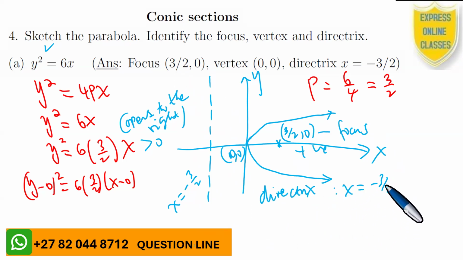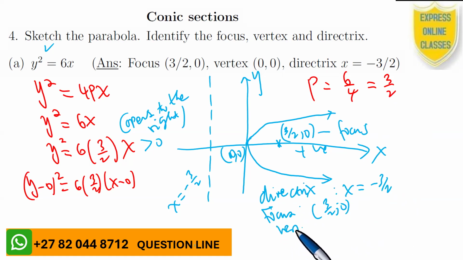So now the directrix is there. Our focus, because of the p, which is 3 over 2, is therefore 3 over 2, 0.